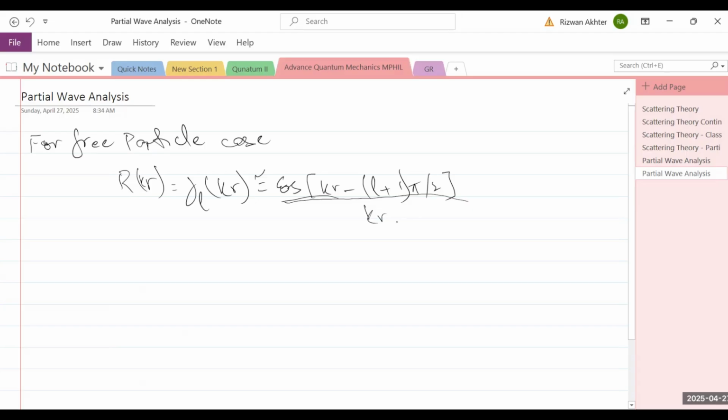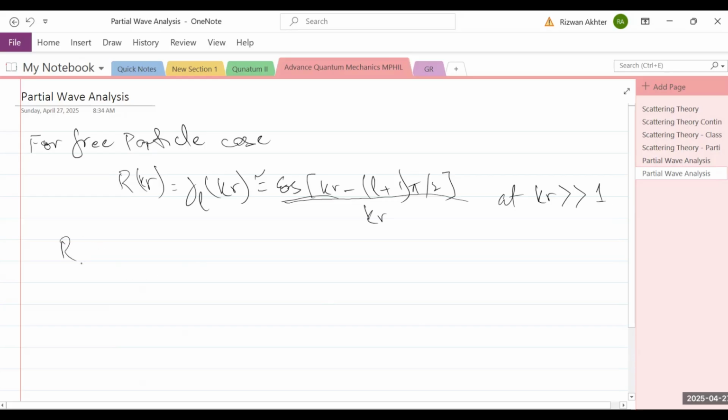Yeah. And why divided by kr? Because the result is asymptotic. That is, at large value of r, it would tend to go to 1. So we can say at kr greater than 1, the value would also be asymptotic. So that is in fact some function.